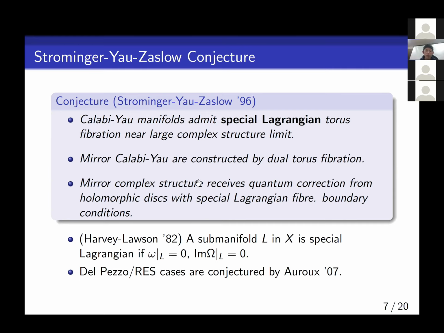And from the mirror symmetry point of view, this special Lagrangian fibration structure gives you some idea of the geometric structure of Calabi-Yau manifolds. And more than that, it tells you how to construct the mirror of the Calabi-Yau, just by dualizing the torus fibration you have. So this gives you an explicit recipe for constructing the mirror.